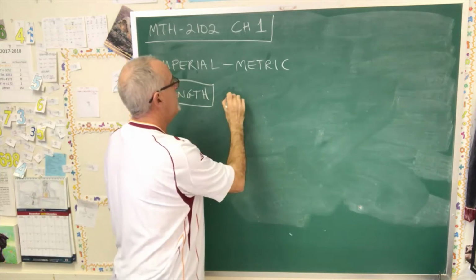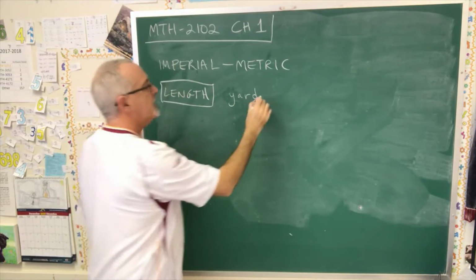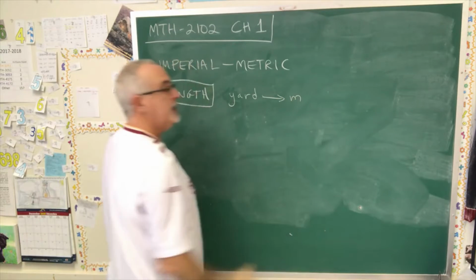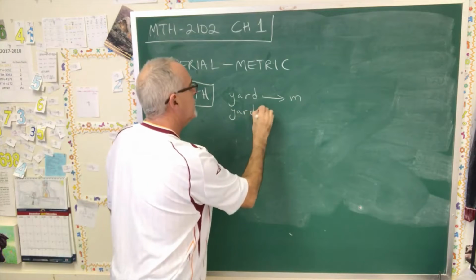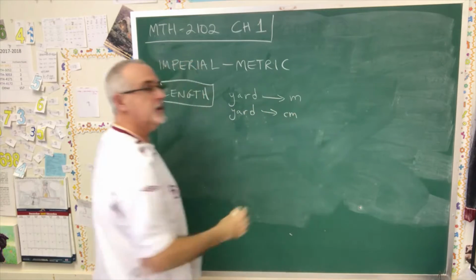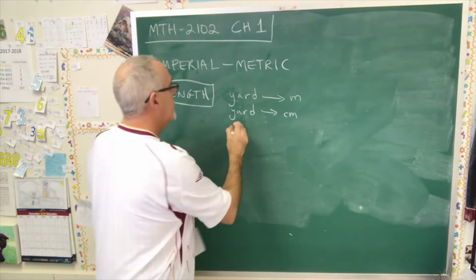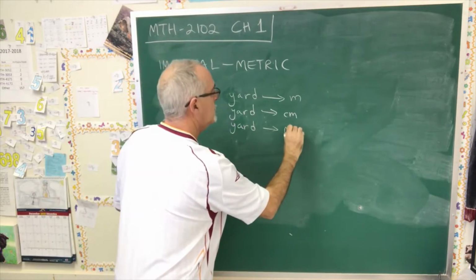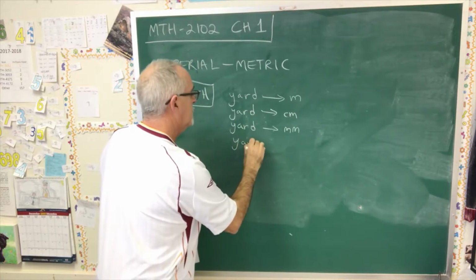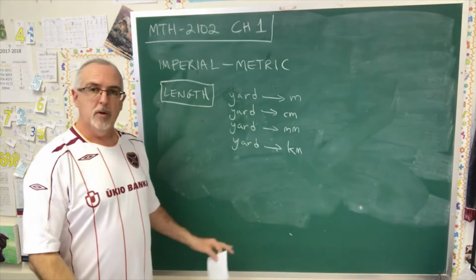I won't write numbers, I'll just say we have the yard, and we want to convert that sometimes into meters. Sure, but we could also convert yard into centimeters, and it's a different conversion. Slightly different, yes, it is a slight difference. Yard can be converted into millimeters, into kilometers, and there are actually many more.